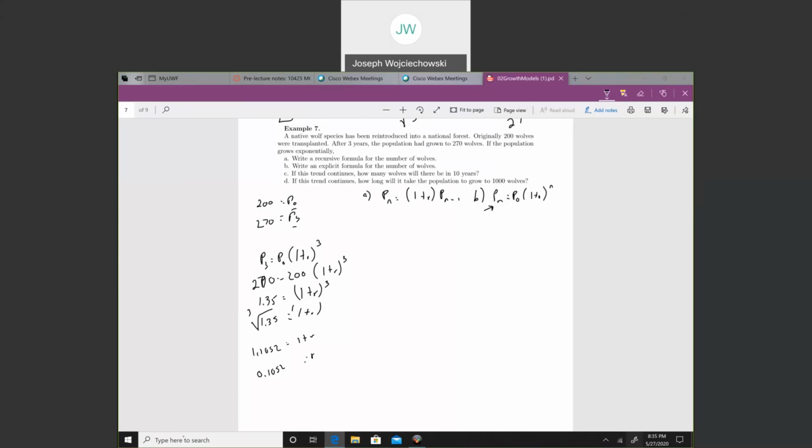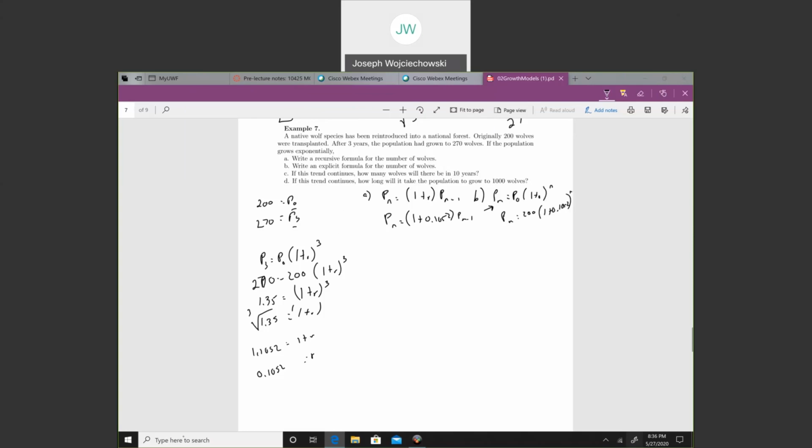We're just looking to put that in here. So this becomes p sub n equals 1 plus 0.1052 times p sub n minus 1. This is p sub n equals p sub 0, which we had as 200, times 1 plus 0.1052 to the n.